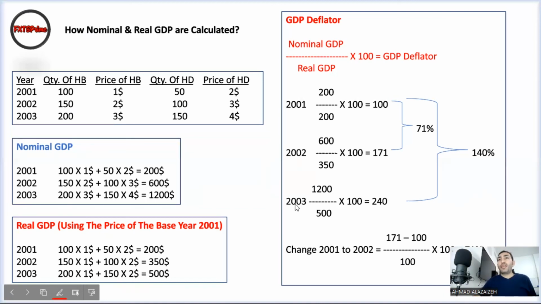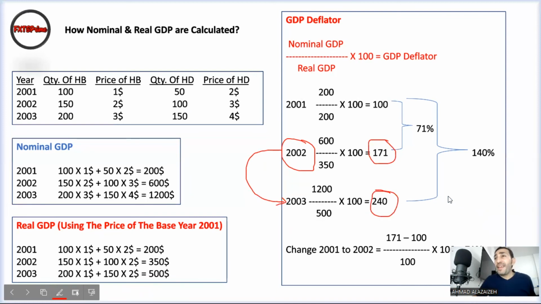So let's think, if I want to take the base year as 2002 and calculate 2003 based on that. In this case, the base year deflator is 171, and the current year 2003 is 240.